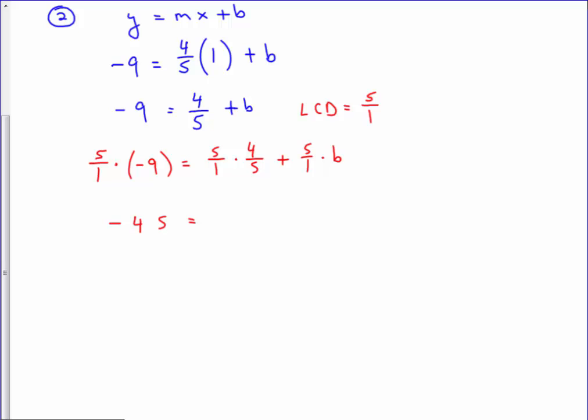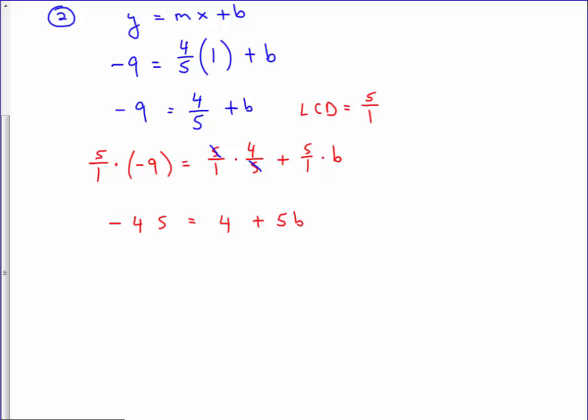On the right side, where you're multiplying next to the other fraction 4/5, what you would like to do instead of multiplying is to cross-reduce. This cancels my fraction. So all I'm left with is 4/1, which is really just 4. And then as the last term, that would become 5b.